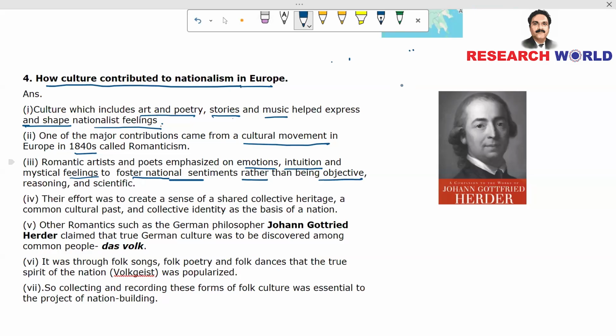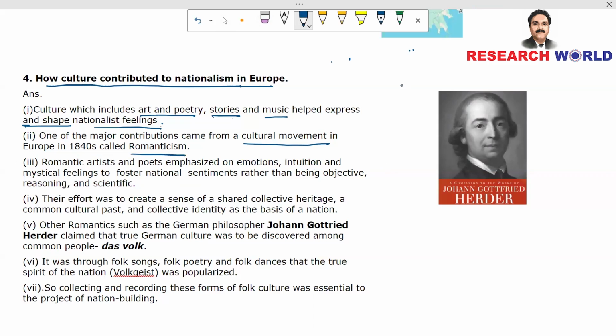Objective means you start thinking very logically, like rational, right or wrong, needed or not needed, what benefit you get, what loss you are going to make. That is called being objective. Reasoning means asking whether I am doing right or wrong. Then is it scientific? Banking too much on science, analyzing that this will not work. Don't do these kinds of things. This is what romantic artists recommended or advocated at that point of time.